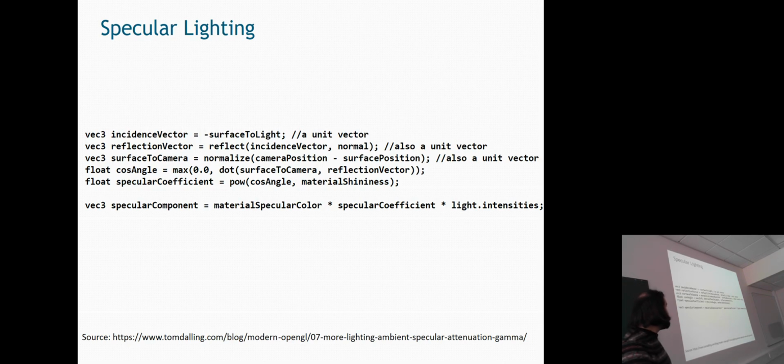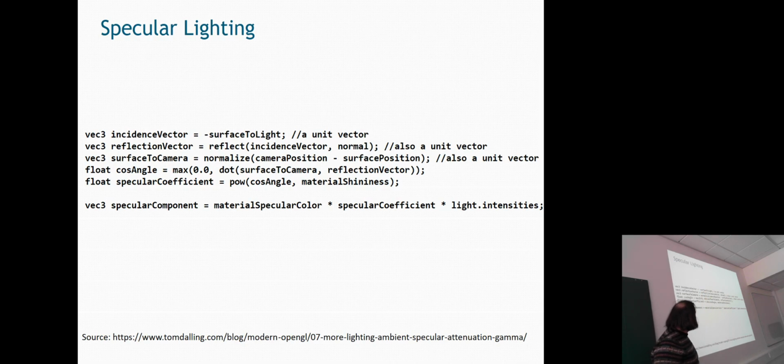What we have here is the incidence vector, the incident light ray vector, which is simply the opposite of the vector from surface to light. We had the vectors that pointed from the illuminated point towards the light source, and the incident vector is that vector turned around, from the light source towards the point.